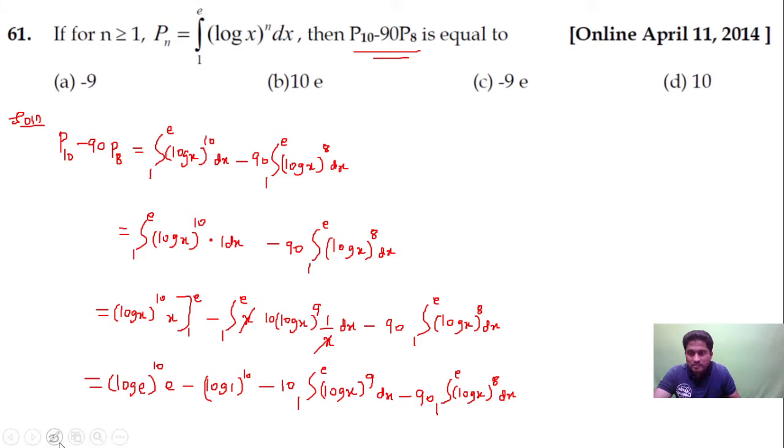Log 1 to any base is 0, so this will be 0. Log e is 1, so the only thing left is e here.